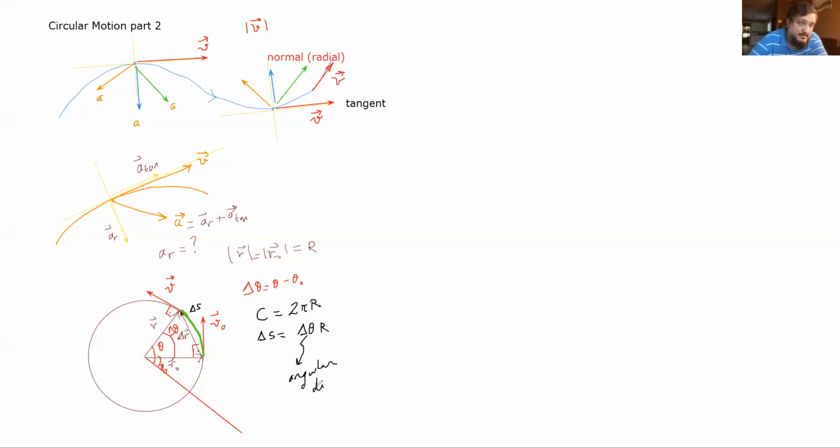So it's measured in radians. Angular displacement in radians.